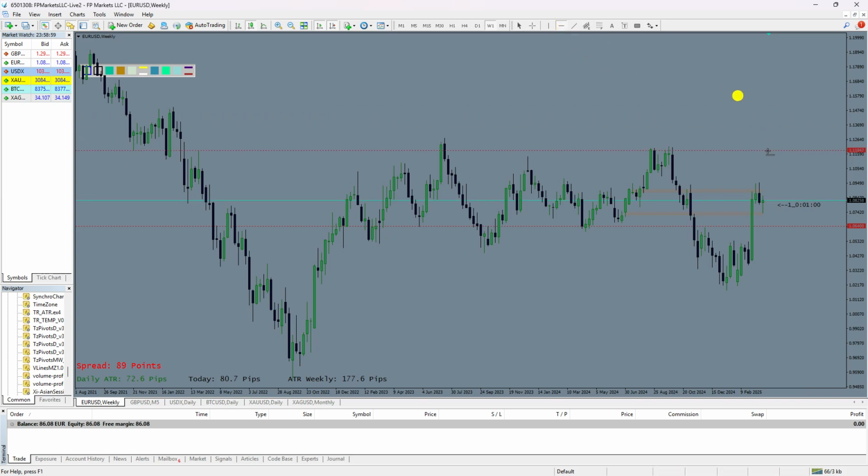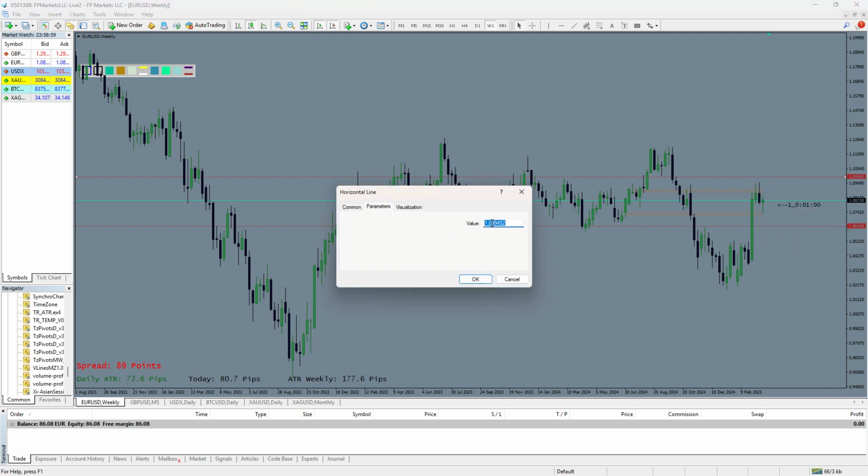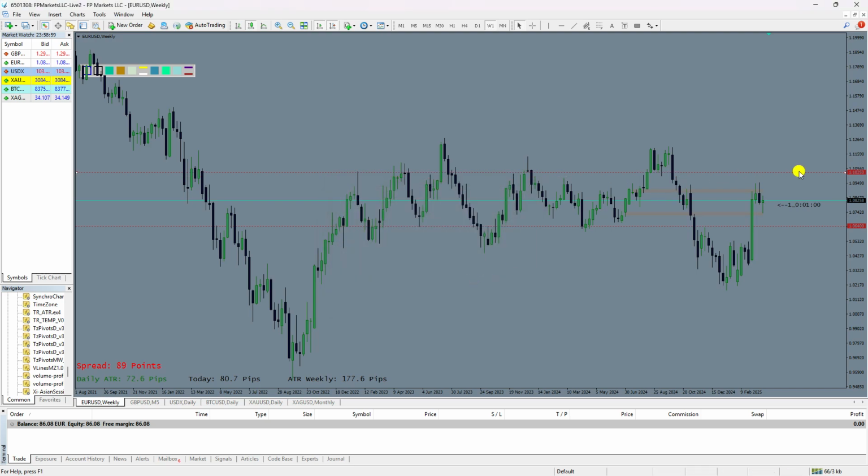So I mark 1.1025, and of course 20 pips above that, because I said 1.1 to 1.2, something here.